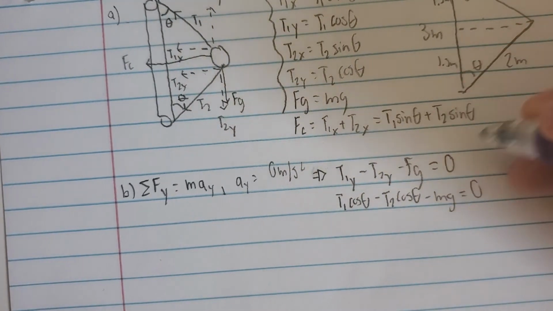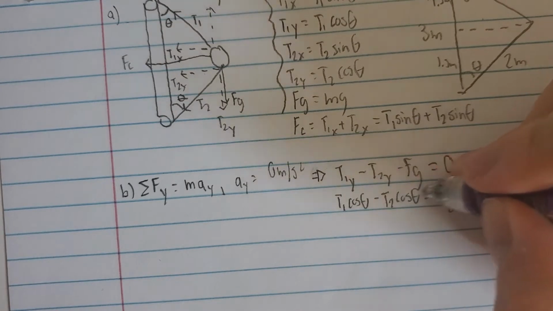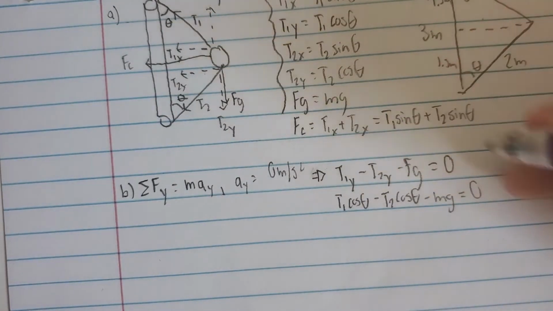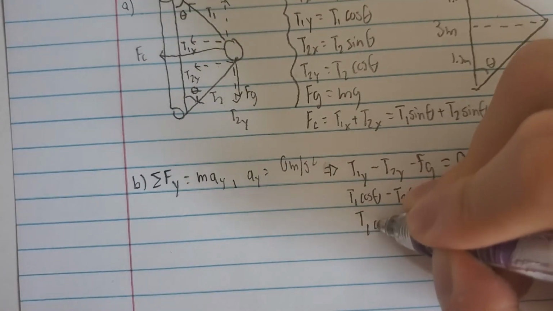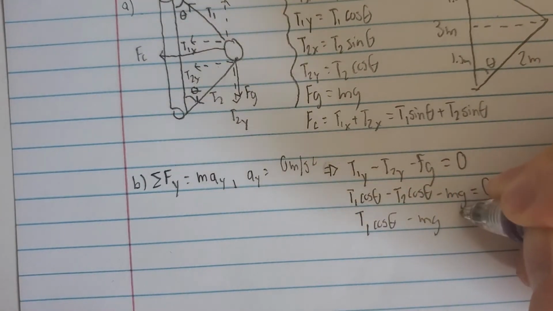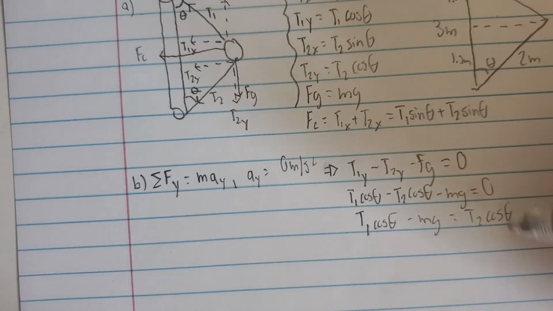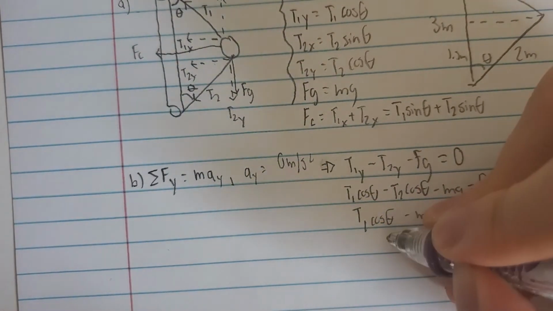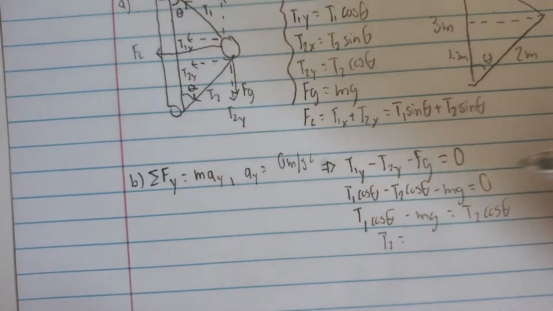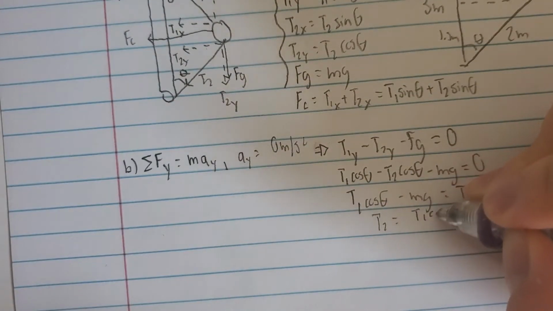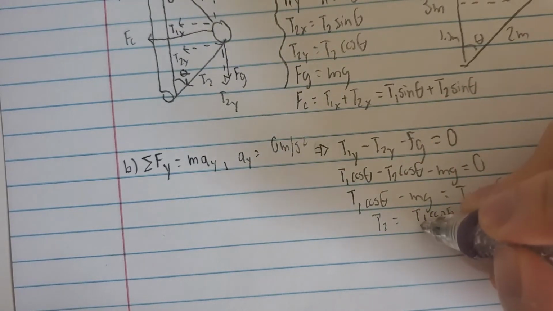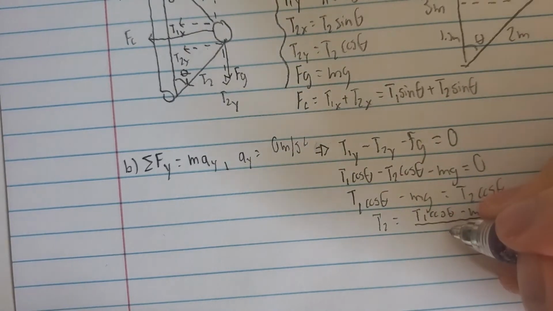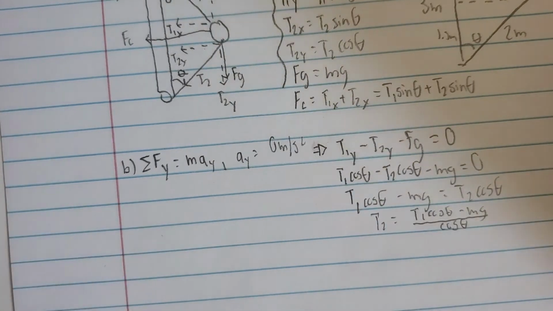So isolating for T2, I add T2 to the other side. So I have T1 cosine of theta minus mg is equal to T2 cosine of theta. Then I divide by cosine of theta, so essentially T2 is equal to T1 cosine of theta minus mg, divided by cosine of theta.